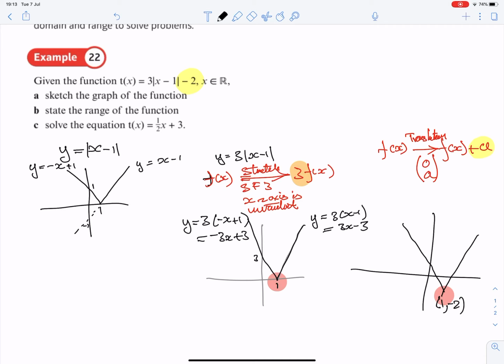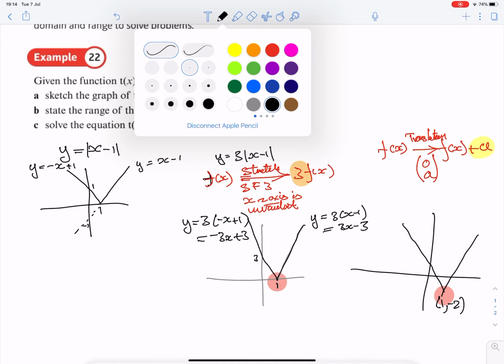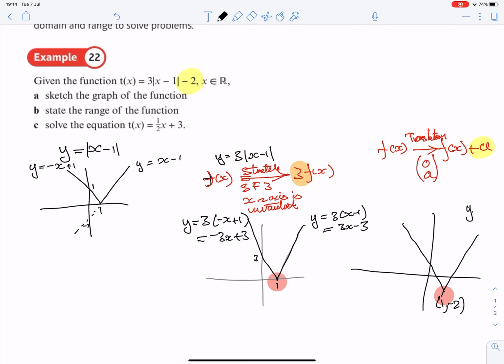Okay, the line was 3x minus 3, that's this line here, and we've subtracted 2 from it. So we're going to have y equals 3x minus 3, take away 2. So this is y equals 3x minus 5.